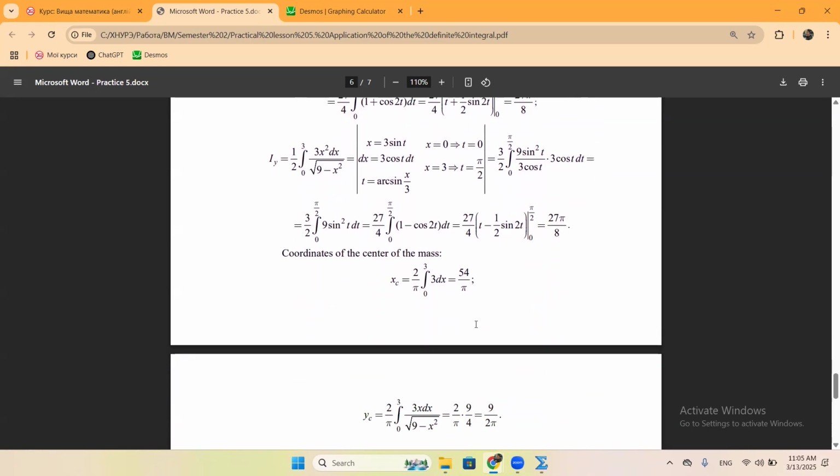And how to find the coordinates of the center of mass.